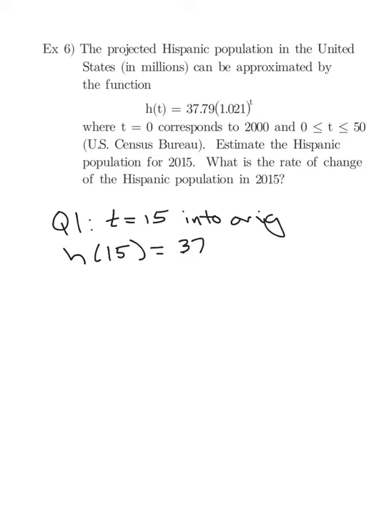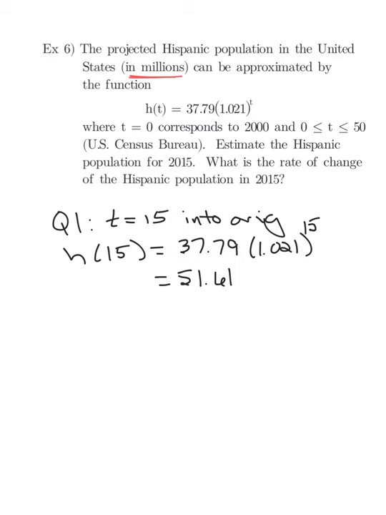So we would have 37.79 times 1.021 that we are raising to the 15th power. If you put all that into your calculator, you get 51.61. Notice up in the original problem, it said that this is in millions.